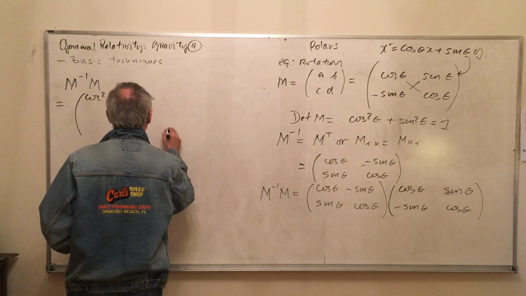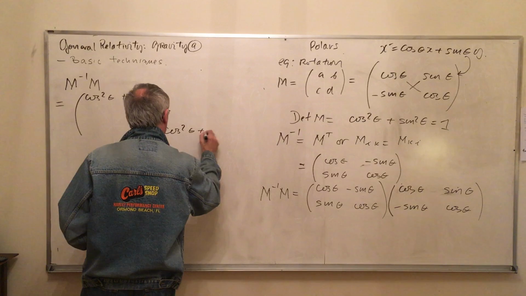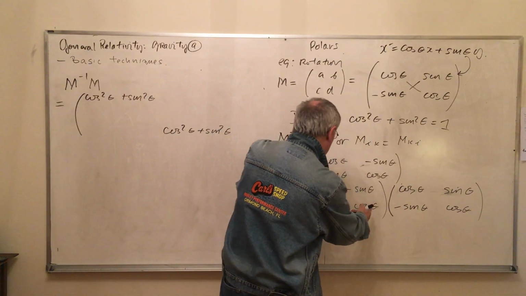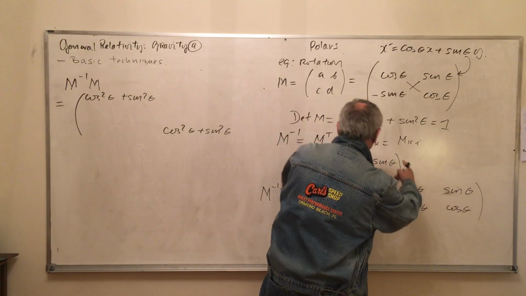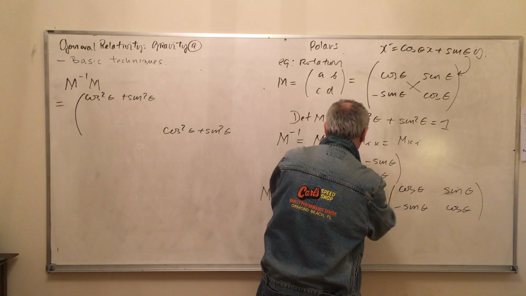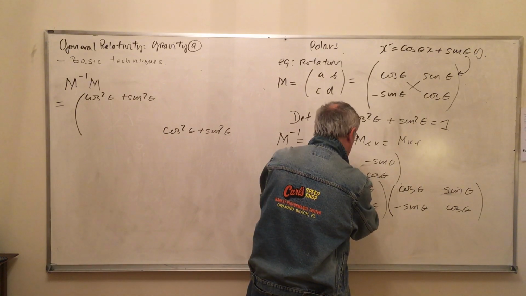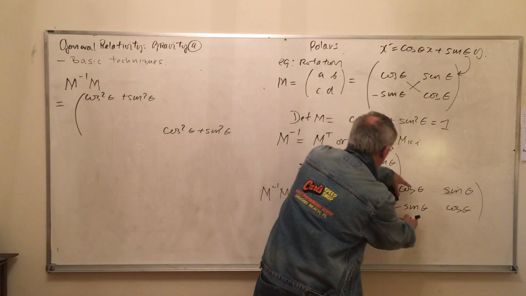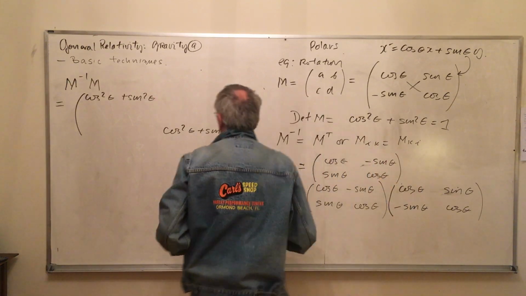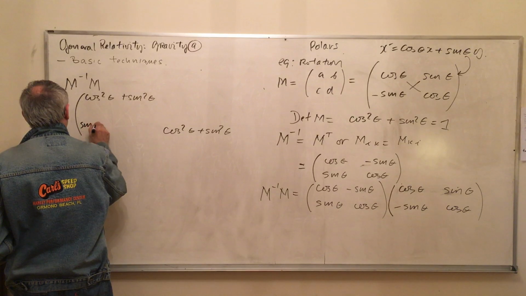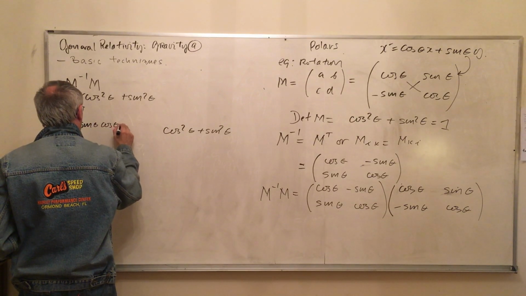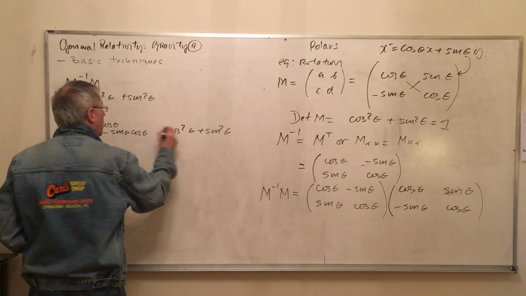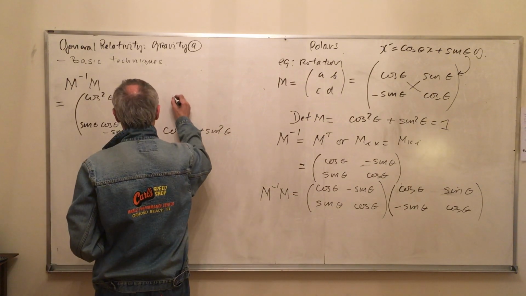And the same for the lower one. Now for these ones here, the off-diagonal elements, let's take this here and go sine theta cos theta minus cos theta sine theta. And the other one is opposite.